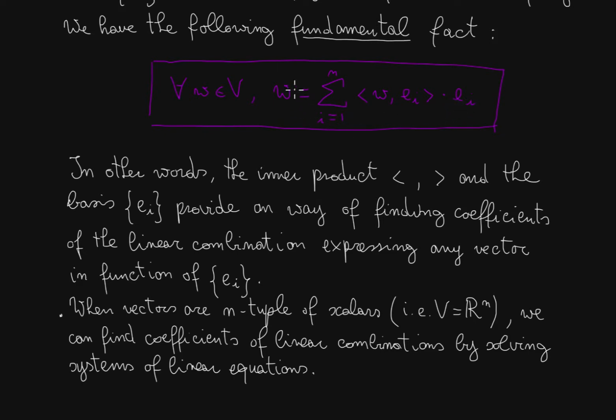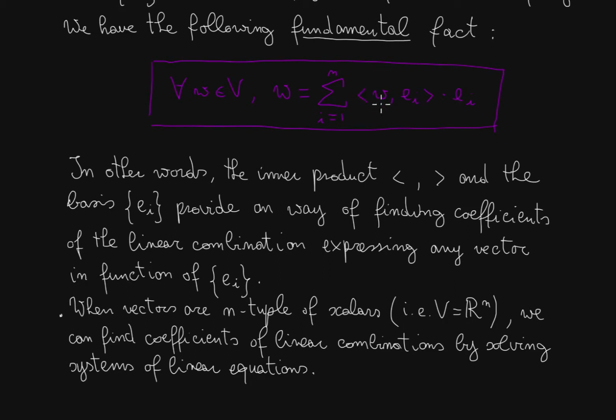In general, though, we cannot assume that w and the e_i are n-tuples of scalars. They can be much more exotic elements of a set. For example, they can be functions. So in that case, solving this equation, having an exotic object here and an exotic object here, can be extremely complicated.